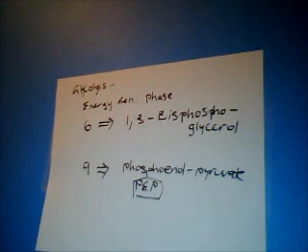So by hydrolyzing ATP to ADP in the energy investment phase, you can couple it with creating phosphorylated glucose molecules.